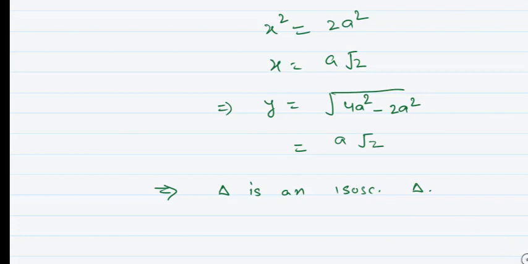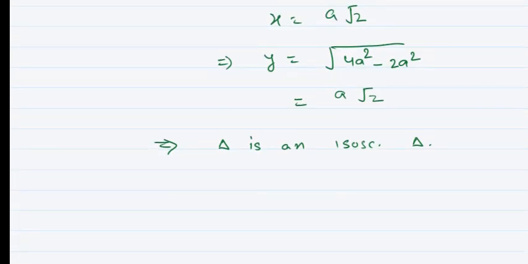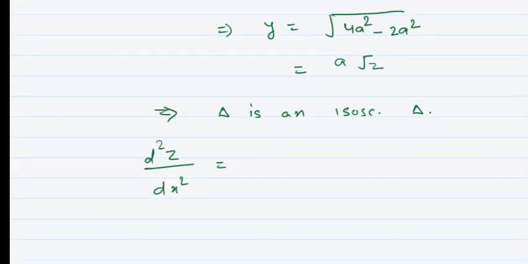Now we'll focus on the next part, and that is again very simple for you. You need to just prove that area is maximum. For that you need to calculate double derivative. D square not A, it is z, because we have taken the function of z. D square z upon dx square, which is, let us check what is.